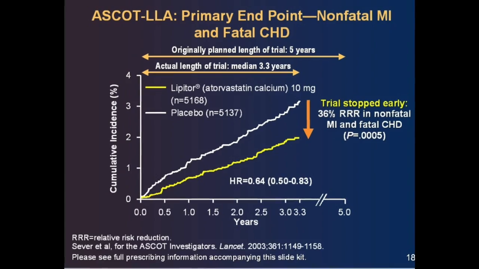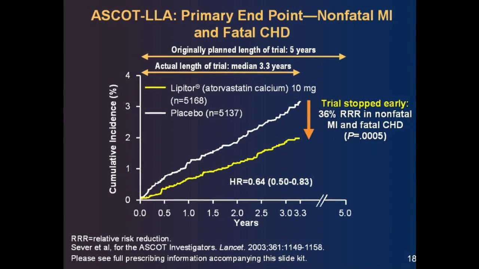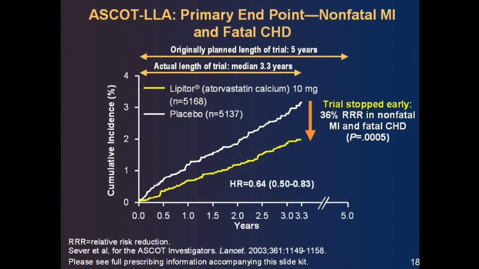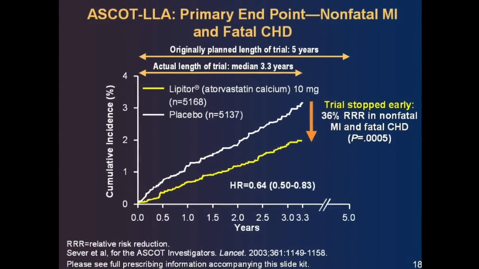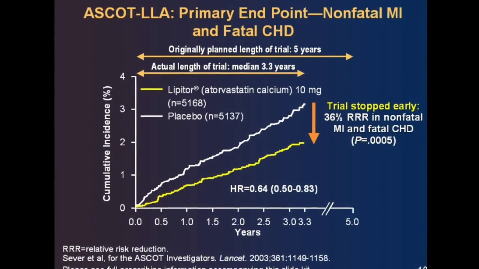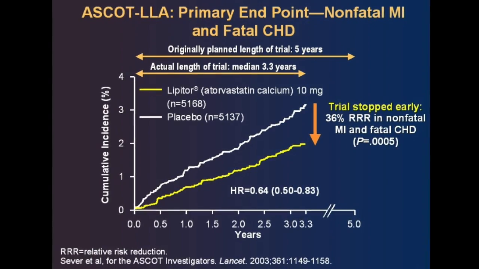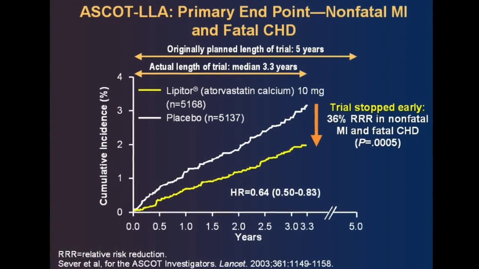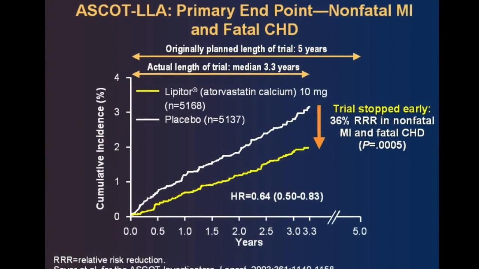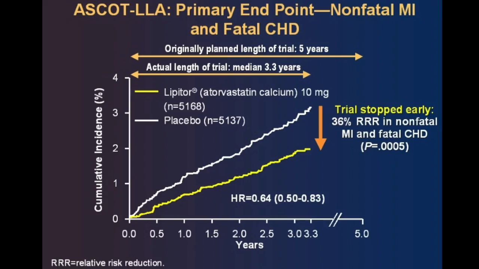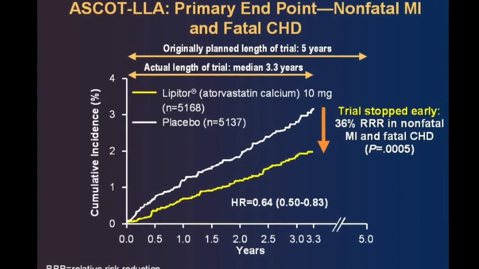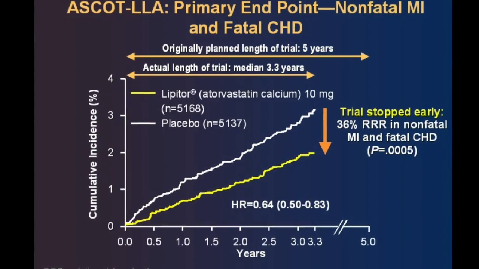The Mr. Fit data generated the hypothesis, and the proof was found in the ASCOT trial. In this particular trial, patients with cholesterol less than 250 with hypertension and an extra risk factor were randomized to placebo versus atorvastatin 10 milligrams.